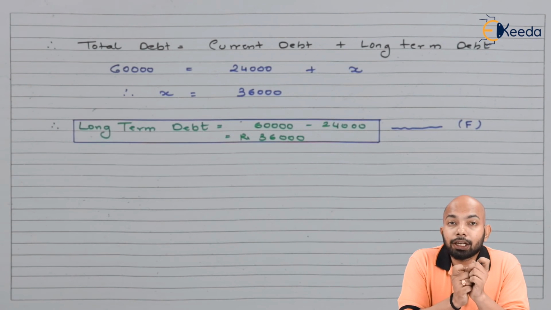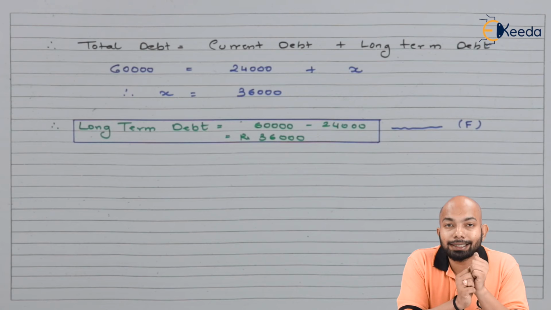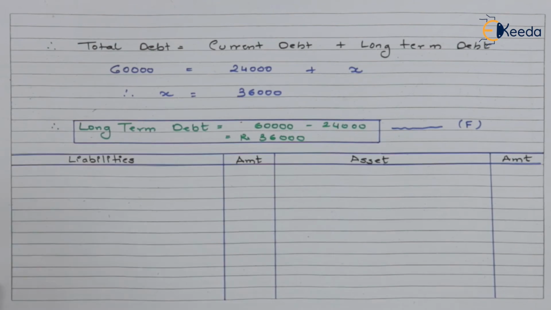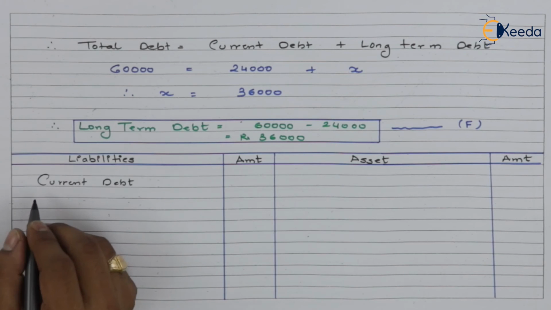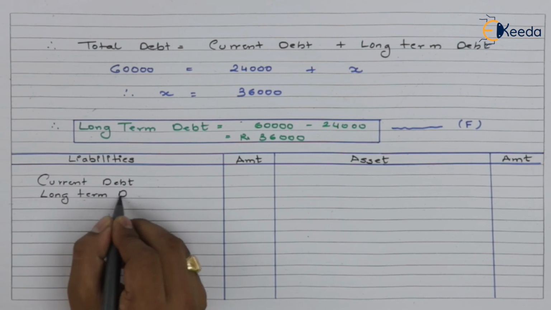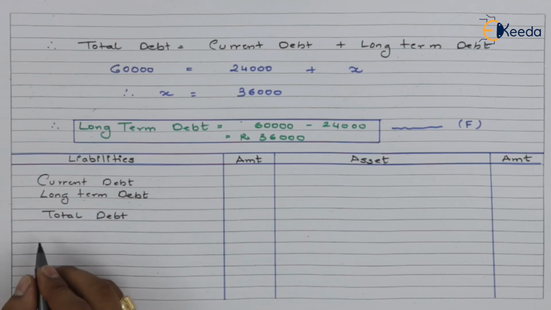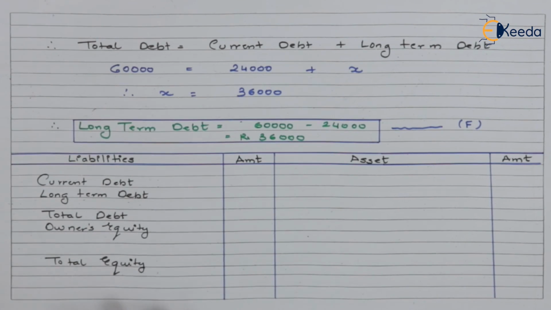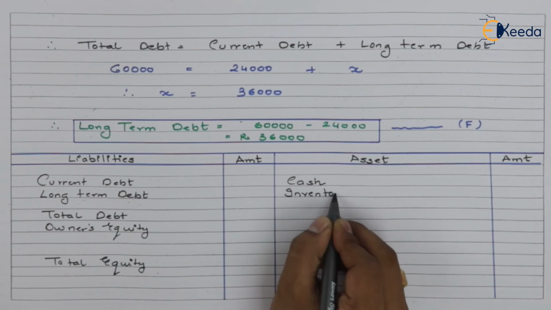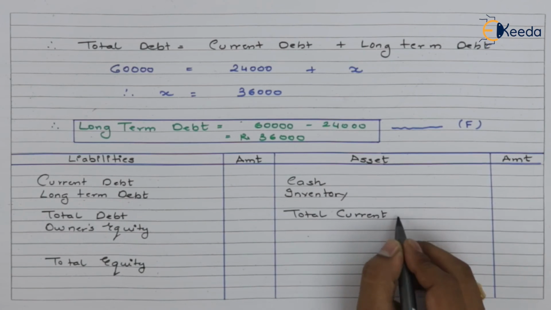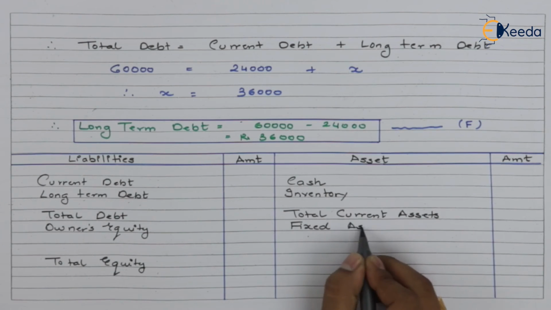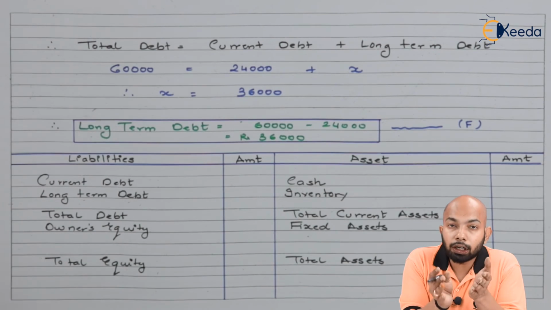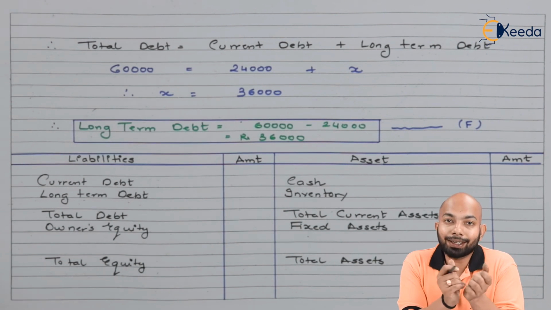Let's prepare the interim balance sheet again and complete the whole liability side, after which we'll have to figure out only the asset side here. Whatever we have figured out, we'll mark it in blue, the rest will be in red.